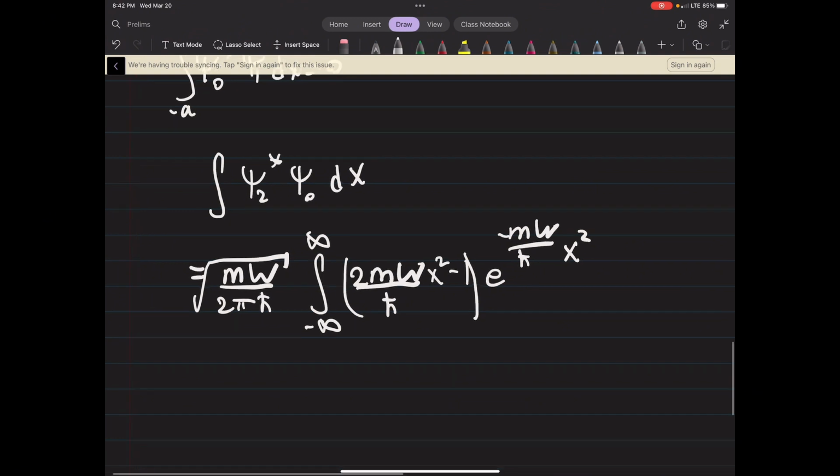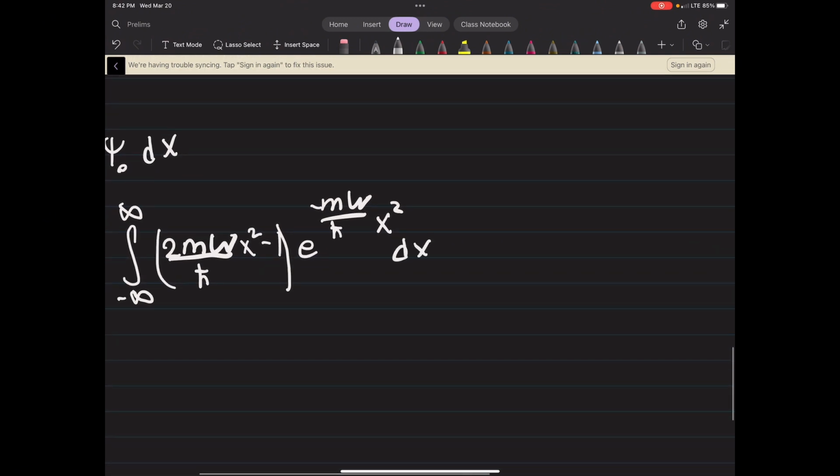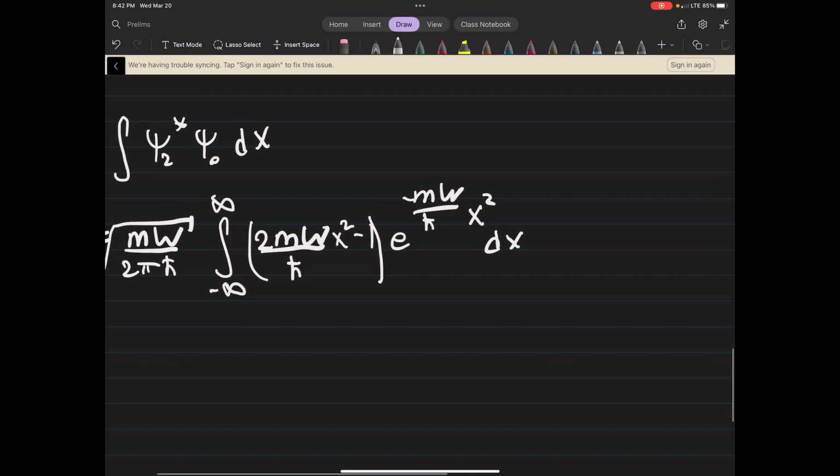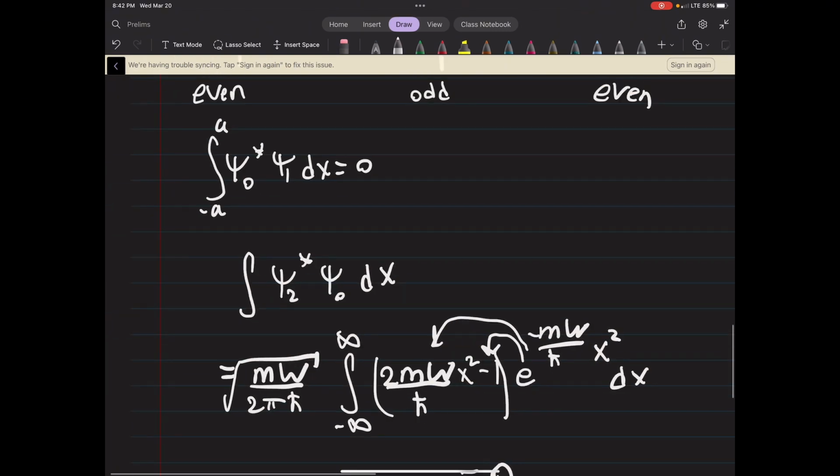So this is now the integral we want to do. And you could do it a couple ways. You could distribute this to make two integrals and work it out that way, or you could plug this into an integral calculator at this point and you'll see that you get 0, which means that the eigenstates are in fact orthogonal.